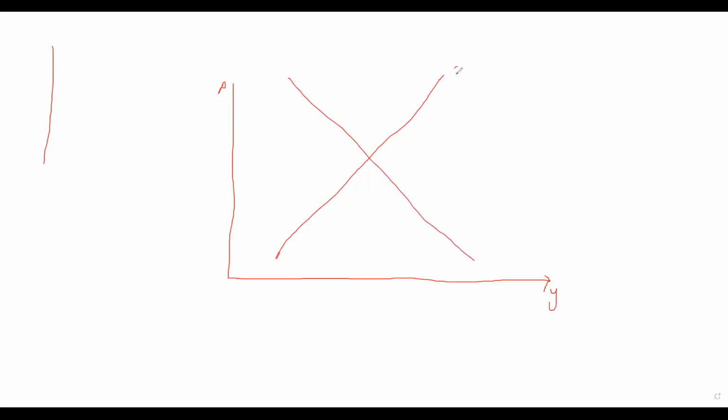Let's have an illustration. This is quite interesting. Let's have an illustration here of an economy that is operating previously at this equilibrium, supply and demand. Remember, these are aggregates, not only supply and demand.